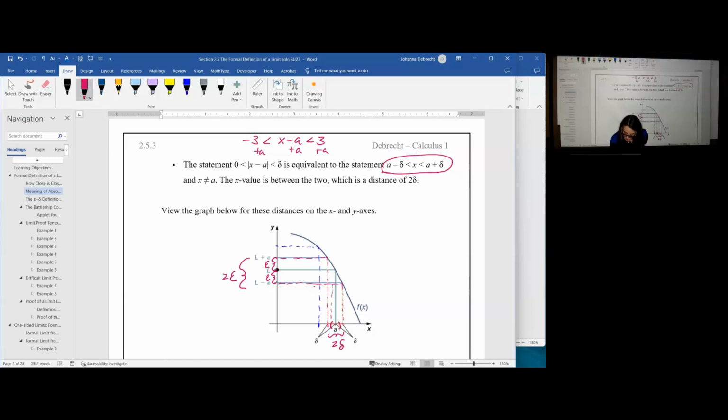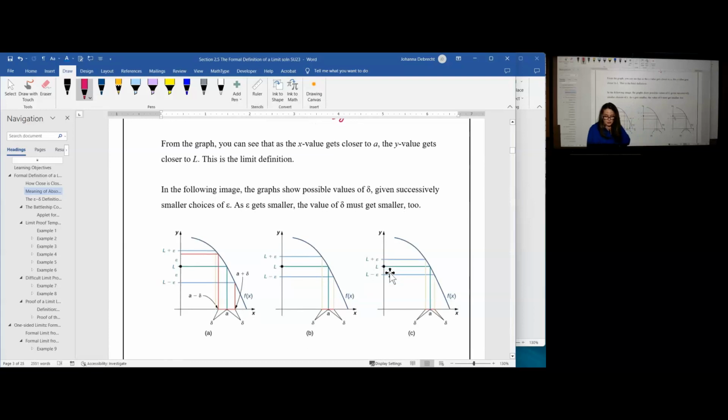Trace these y values. And notice that they're still landing within the blue band. I can always choose a smaller delta. If the larger delta works to make the function within epsilon of L, then I can always choose a smaller delta.